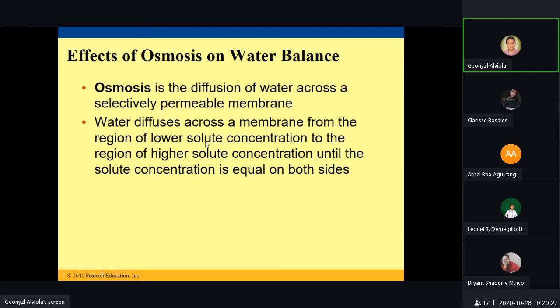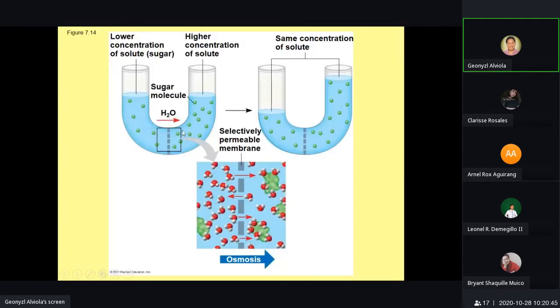The water moves to a region of higher concentration until equilibrium on both sides. So, kanilang diffusion sa water. So, yun yung osmosis. Okay.